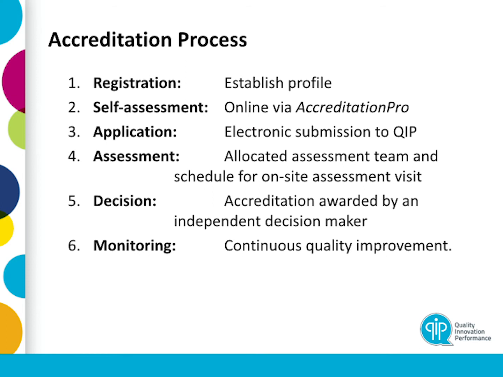And then we move on to the self-assessment through the online system Accreditation Pro, which is QIP's own product. And so everything is electronic with what we do. So the self-assessment is online, submission of your self-assessment is online.